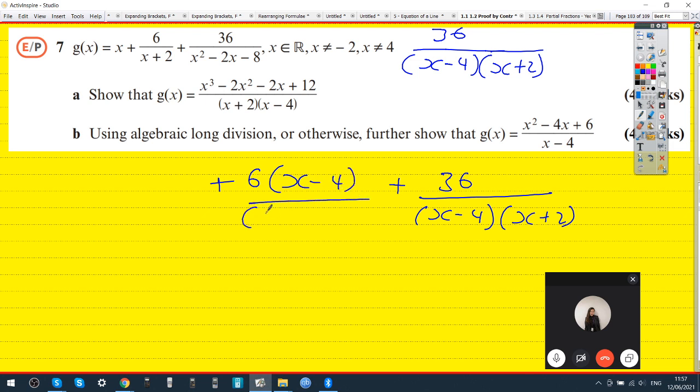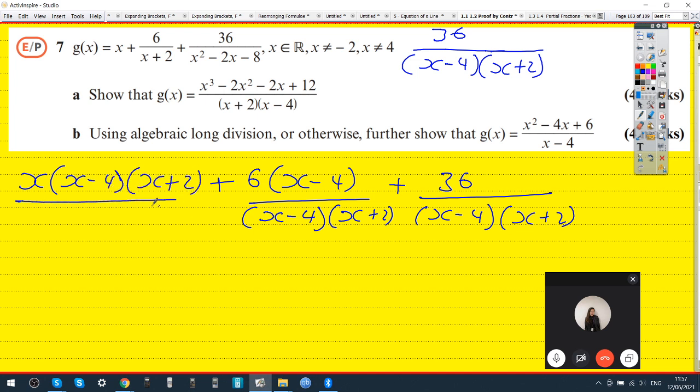And top left, that becomes x multiplied by x minus 4 and x plus 2, over 1.